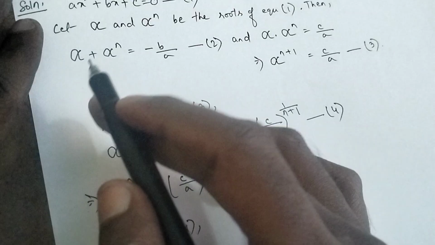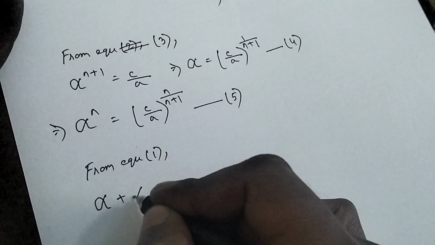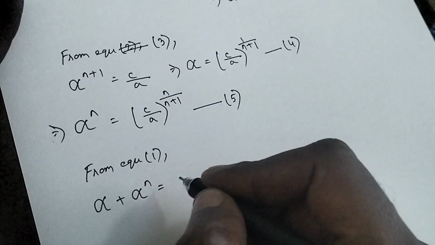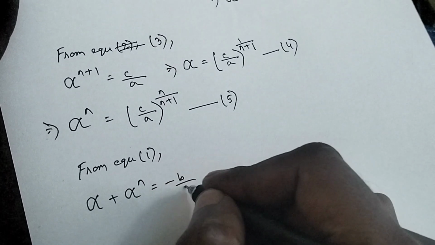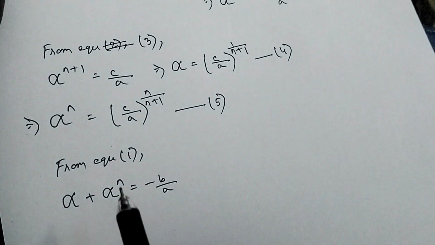alpha plus alpha to the power n is equal to minus b by a, right? So what is the value of alpha?